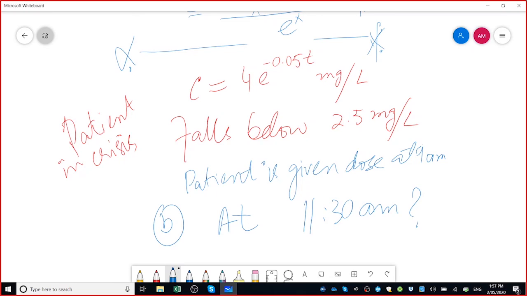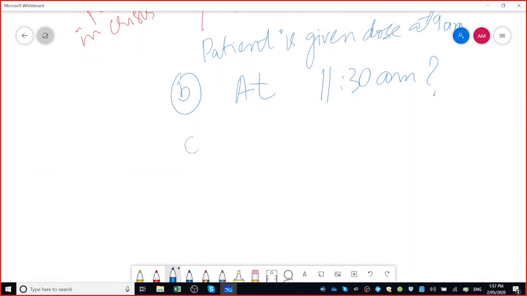And the third part is find the rate of change of C at 1 p.m. Now this is a little tricky.